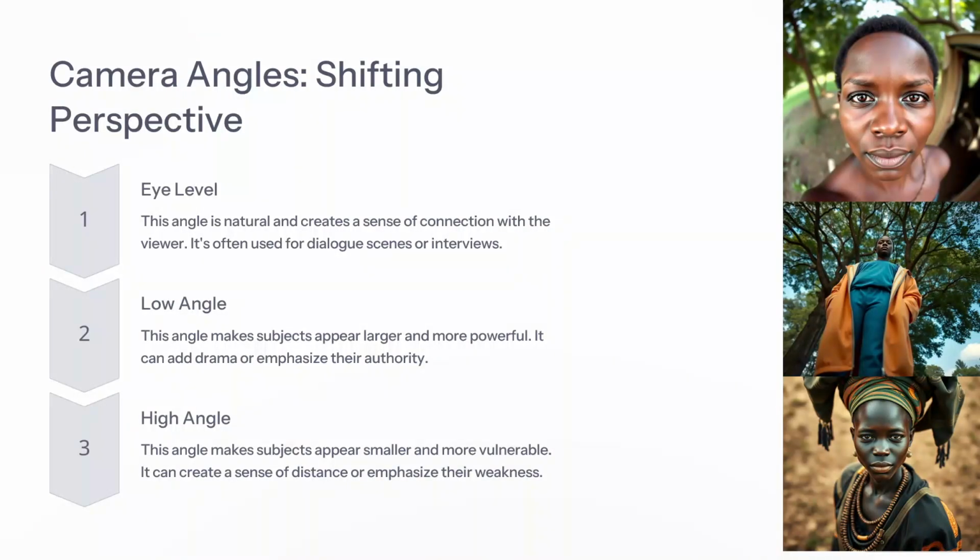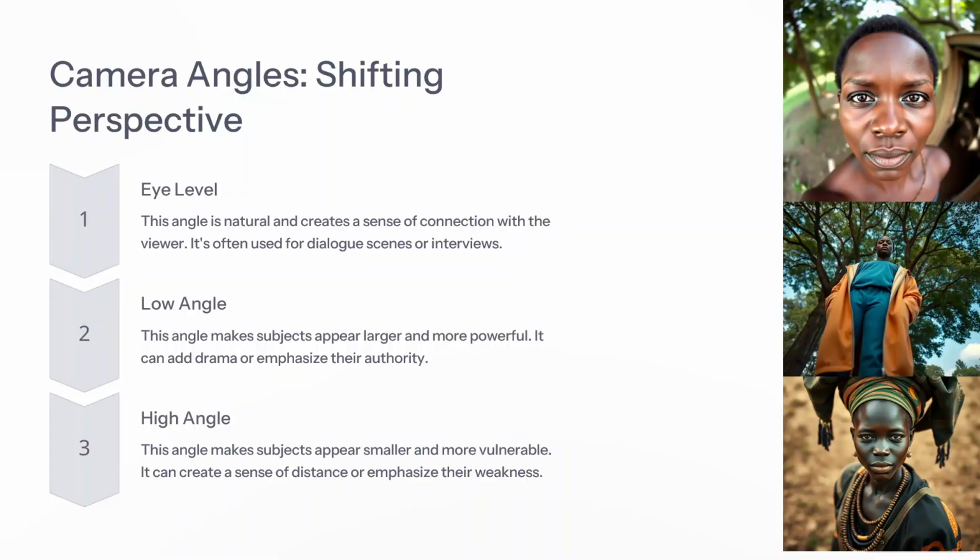So camera angles. Camera angles will help you with shifting perspective. As you can see on the right on those pictures, there are different kinds of camera angles, and each one of them has a different effect on the viewer. For example, of these three, we have one, eye level.